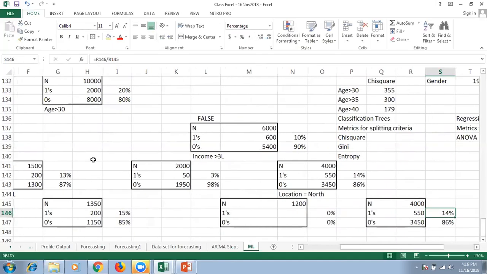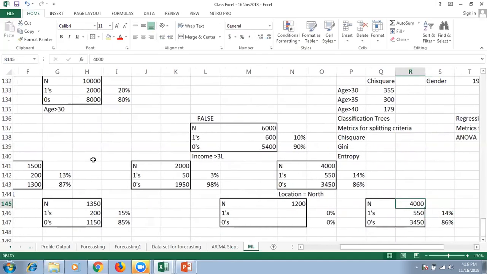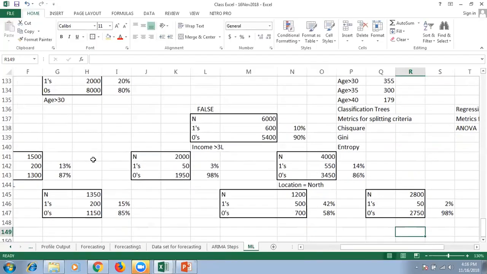And south and other than north, how many customers are there? 2,800 customers. Out of these 1,200, maybe 500 customers are bad customers and 700 customers are good customers. And in this case, 50 customers are bad customers and 2750 customers are good customers.